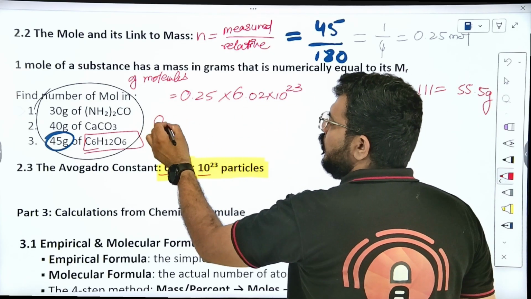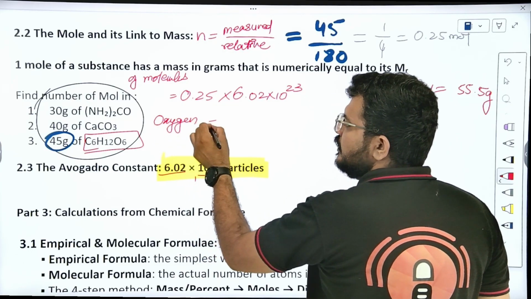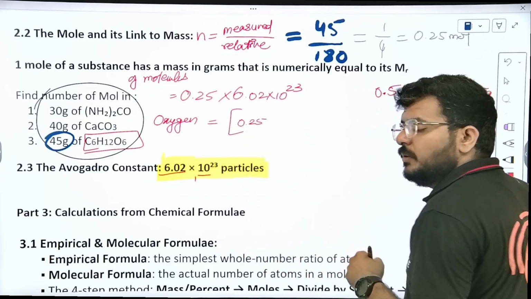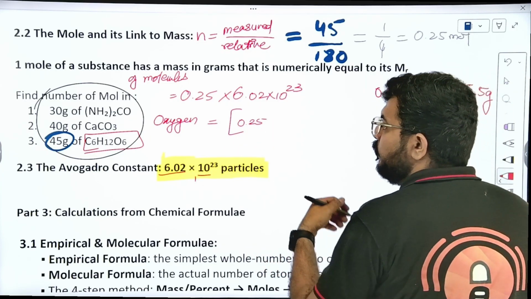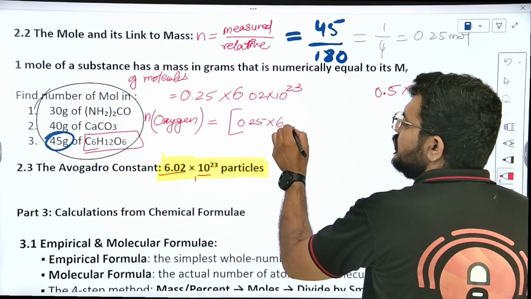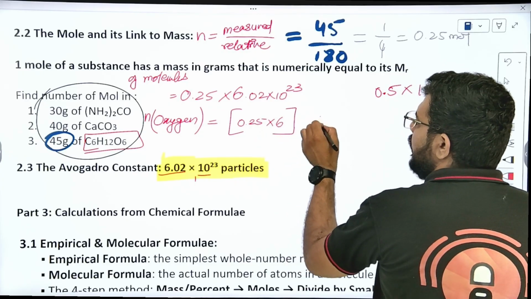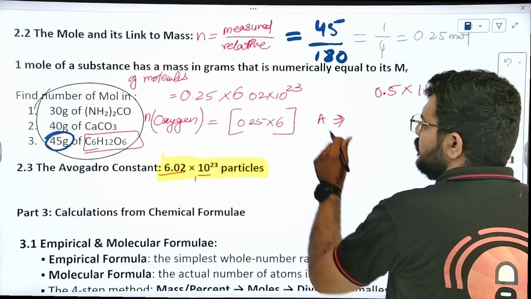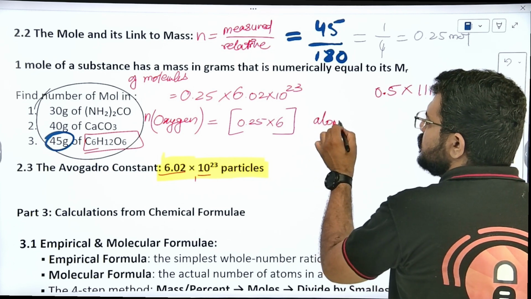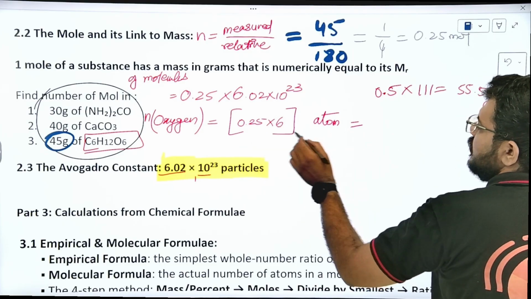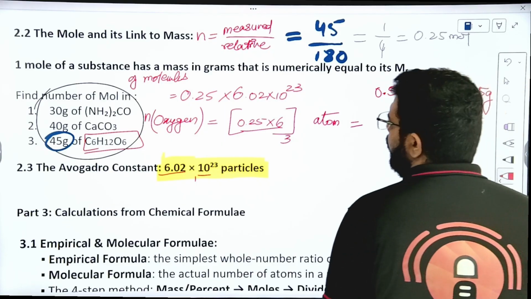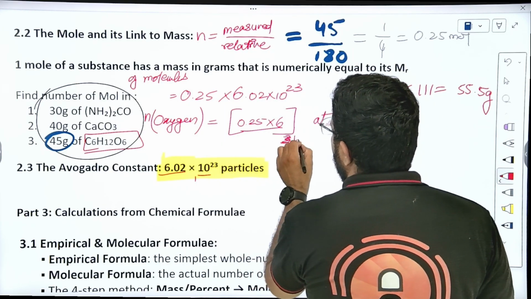If you want to find oxygen atoms, there are 6 oxygen atoms, so the number of moles of oxygen atoms is 0.25 into 6, right? And the number of atoms of oxygen is, this should be 3, right? No, not 3, I think 1.5.